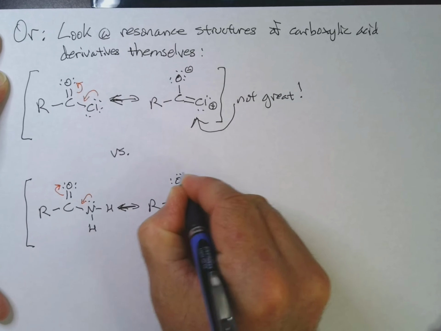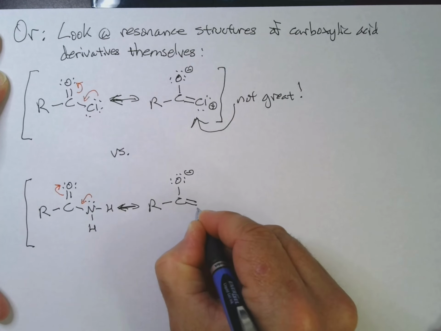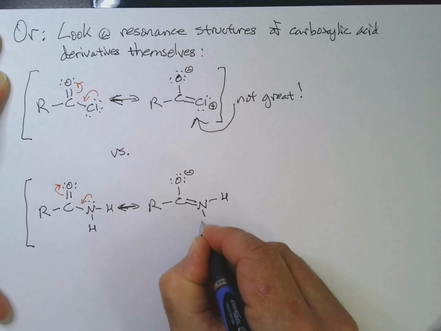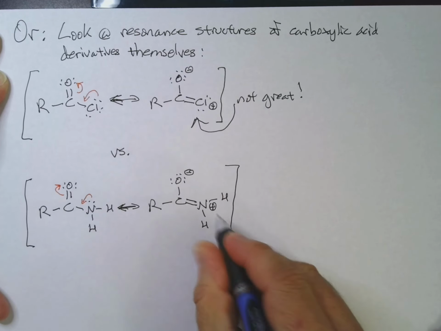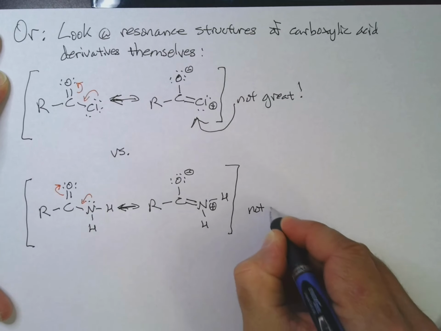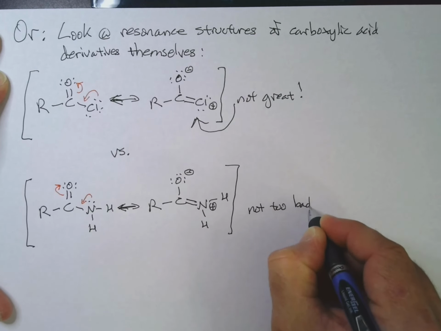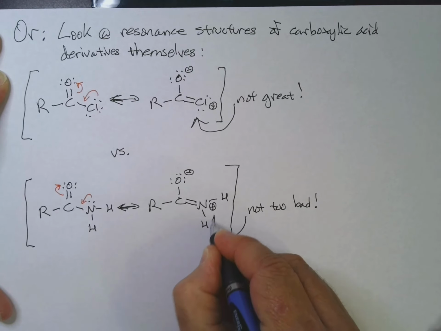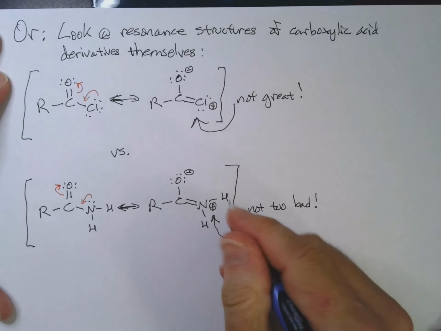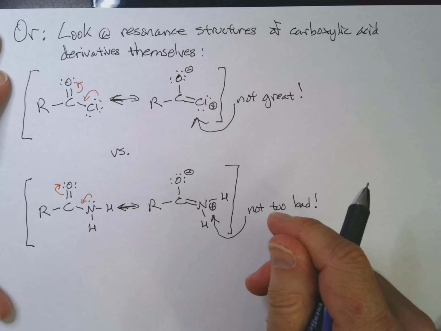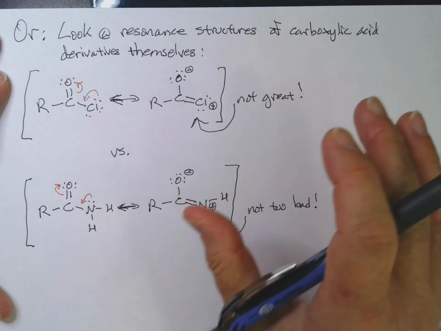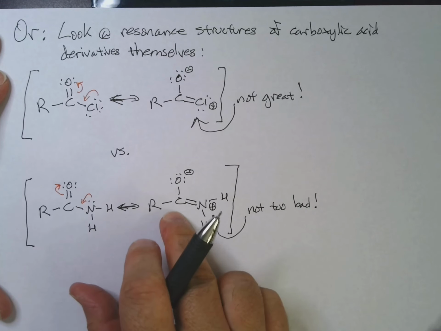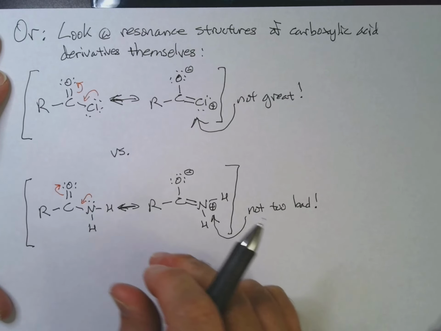But let's take a look at our resonance structure here. I get a CN double bond and a positive charge on the nitrogen. So that positive charge on the nitrogen is not that bad. In fact, amides actually have a significant amount of partial double bond character between the carbon and nitrogen.